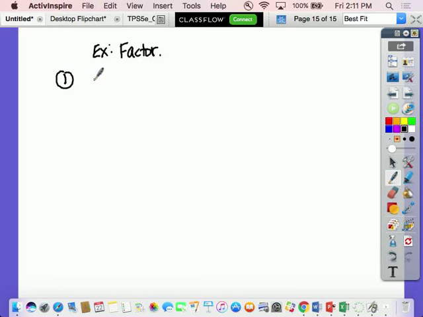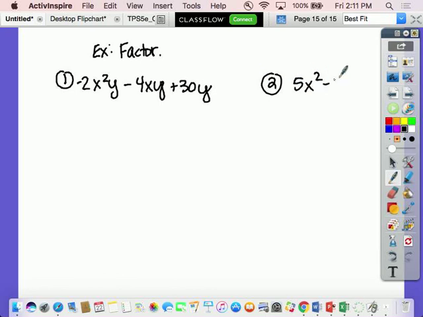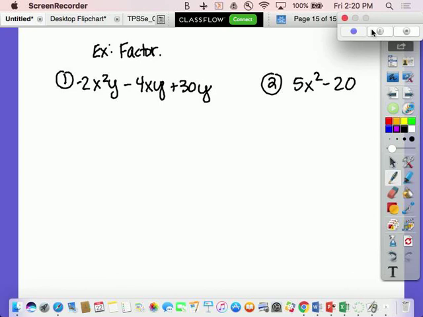I have negative 2x squared y minus 4xy plus 30y. And then I have 5x squared minus 20. We need to figure out how to factor these.